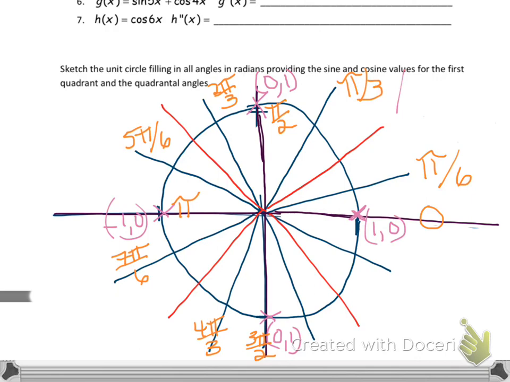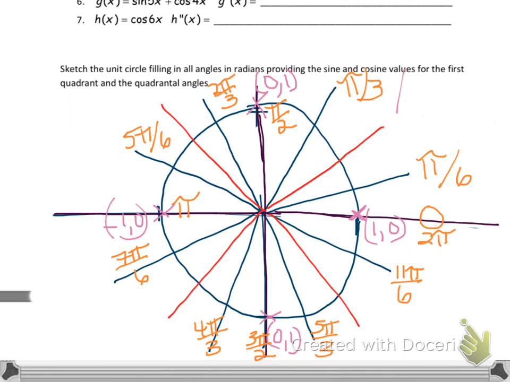This is 10 pi over 6, which reduces to 5 pi over 3, skip, so that was 10. This is 11 pi over 6, and then this is 2 pi. Okay, so we have all of our angles that are in sixths.